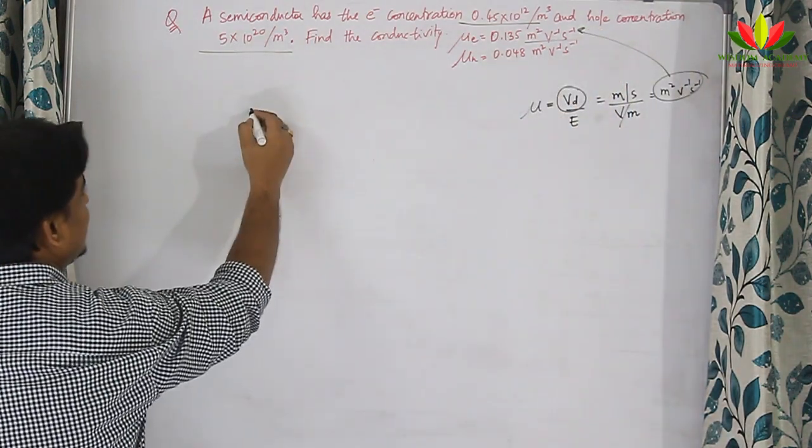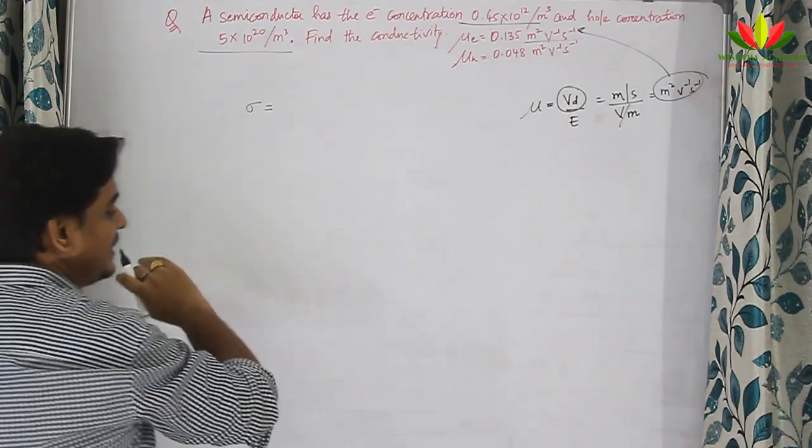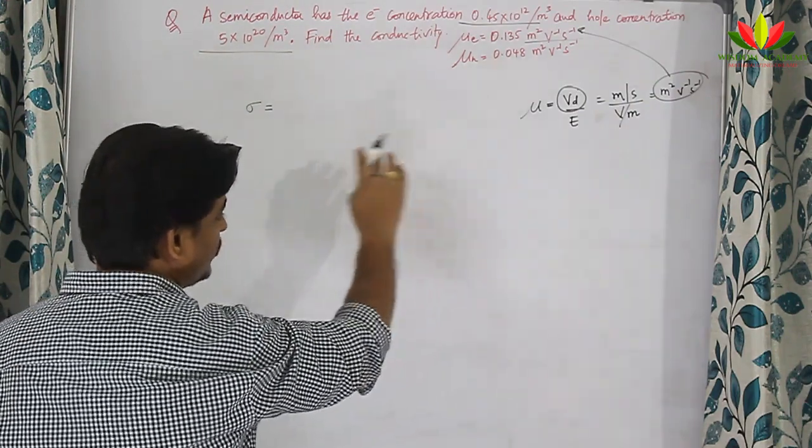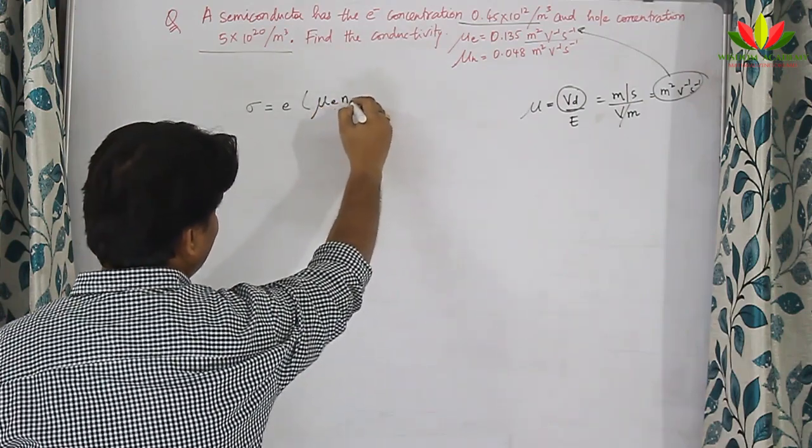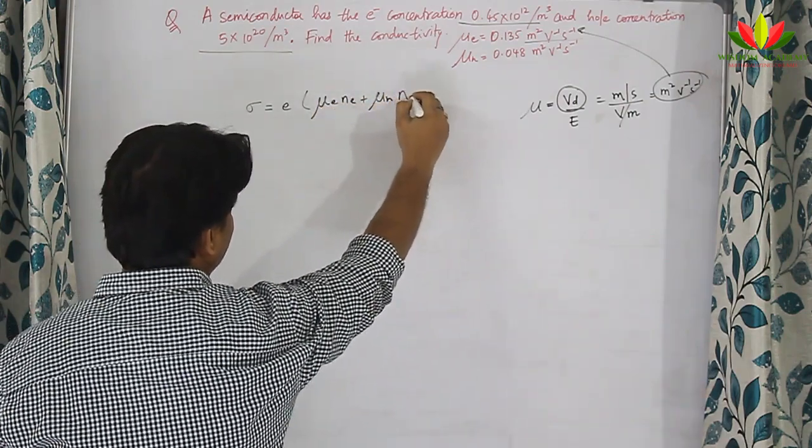So what is the formula of sigma? You just saw the formula of sigma, it came to be equal to E into mu E Ne plus mu H NH.